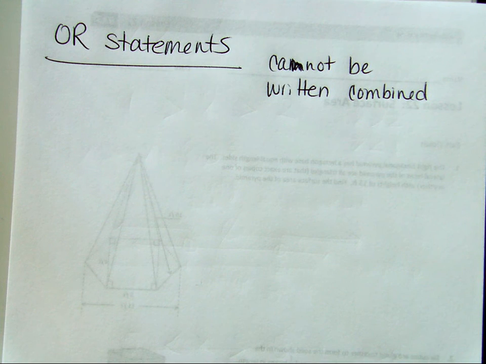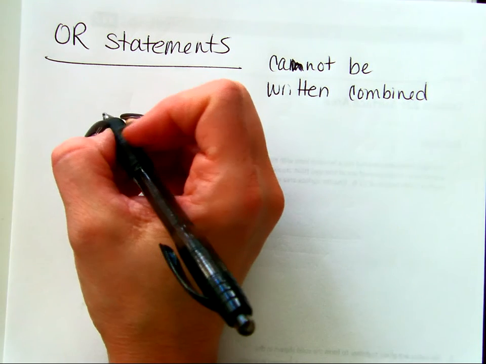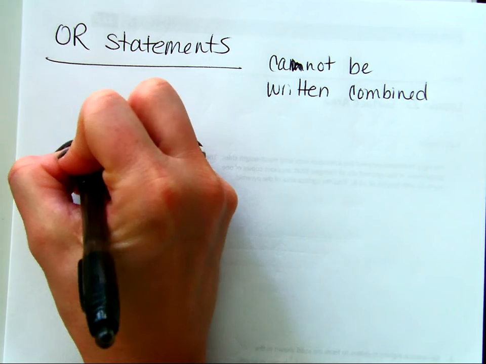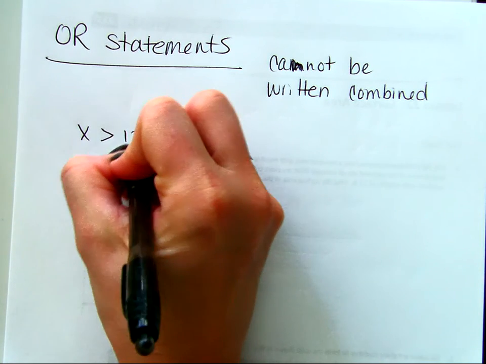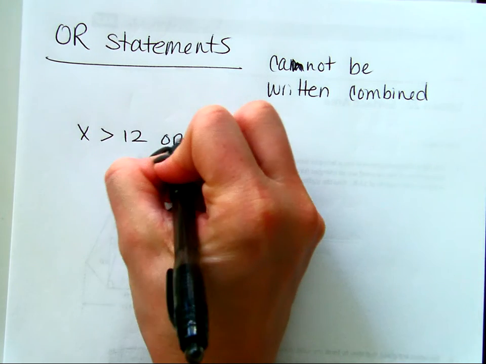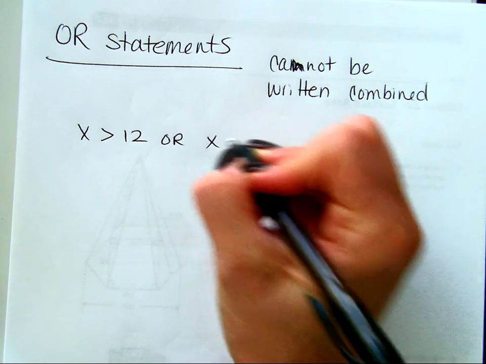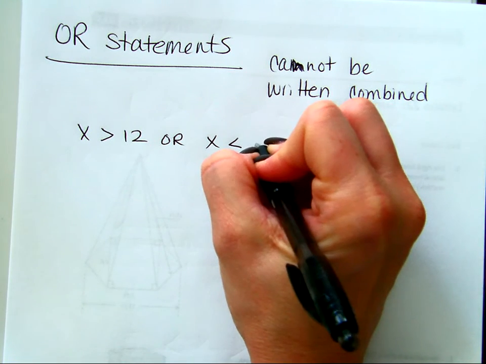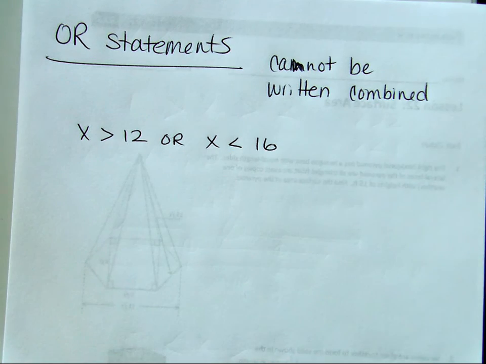Okay? So let's do x greater than 12 or x less than 16. So now we got to change our frame of mind and think for a minute that, okay, or means only one of them needs to be true.